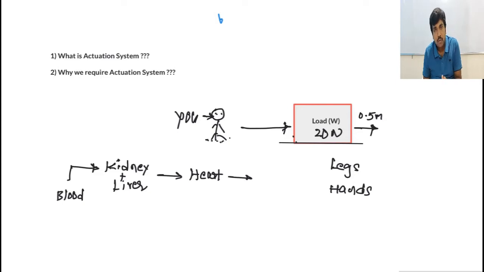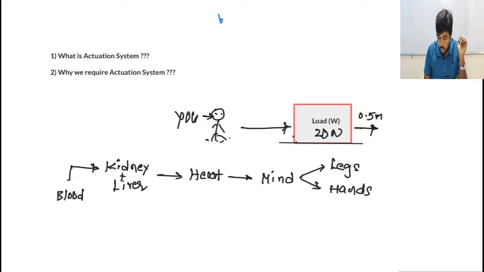So the blood is purified by some of the organs, and after that the blood reaches the heart, because the heart is the one that pumps the blood to all the organs. Of course, here we will have a control unit, that is, the mind, which has a predefined algorithm. In fact the brain channelizes the blood that comes from the heart to different organs, that may be the legs, hands, or different parts of the body.